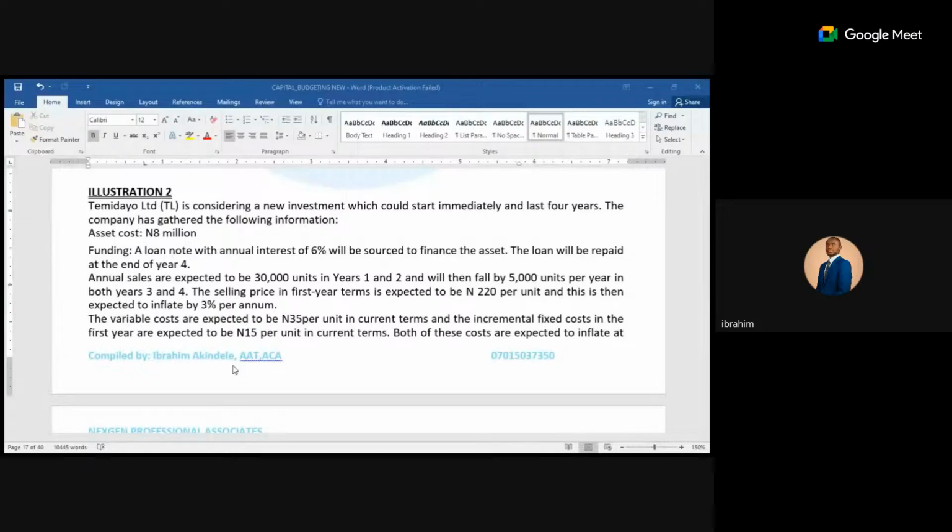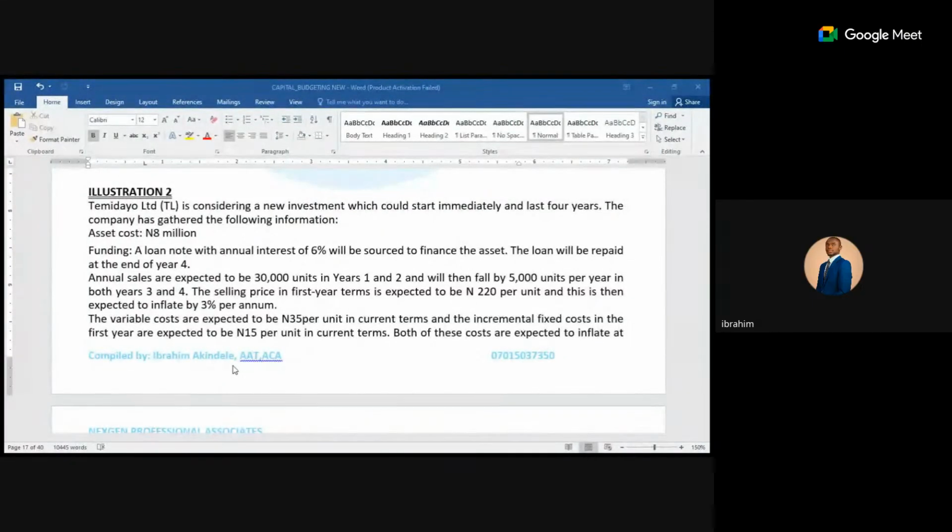After that, you will have to increase it by what? 3%. So when you increase a cash flow by 3% with inflation, it has become which cash flow? Money terms. So definitely you need to use the money cost of capital to do what?